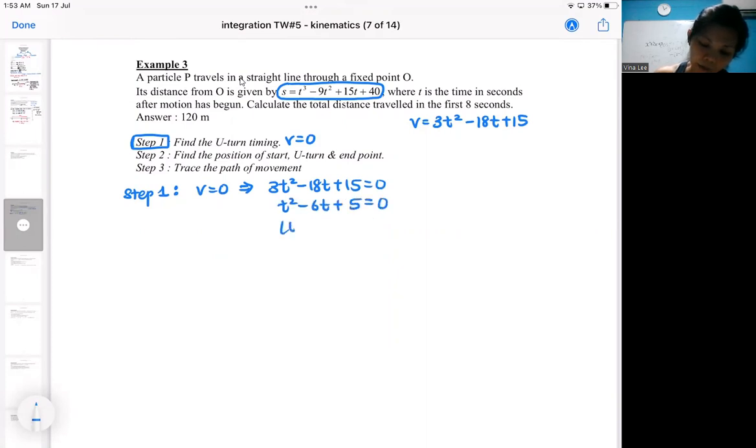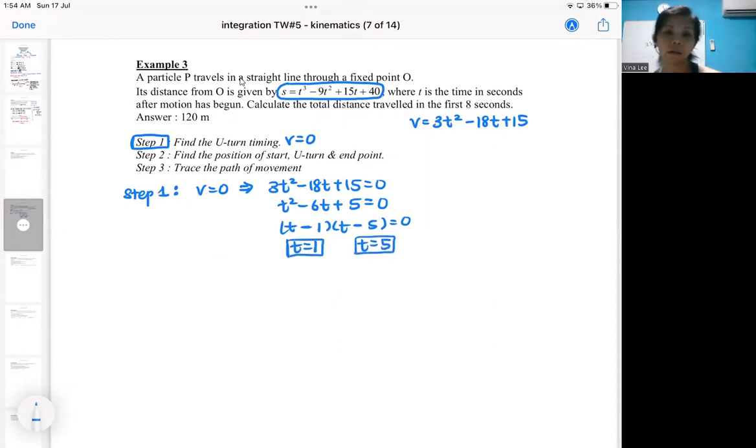In this case, I will have two positions. Let's see whether the two positions are valid. So you will get t equal to 1 and t equal to 5. So these are the two timings that the particle decides to reverse the direction.